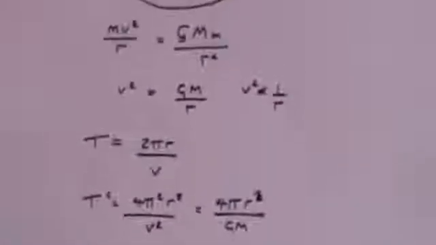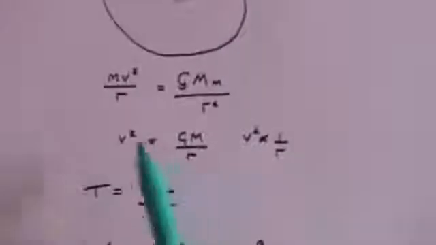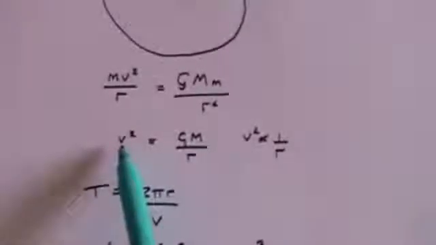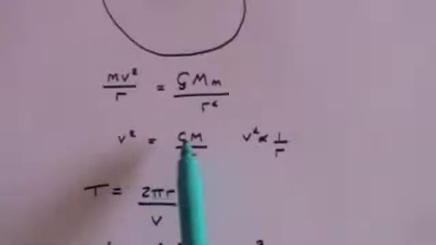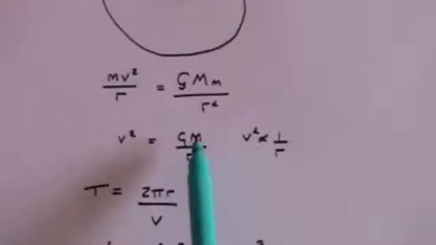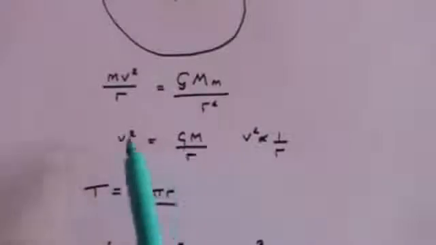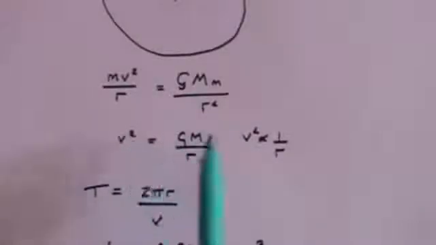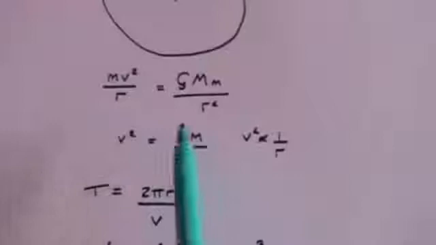Now, what does that mean if we go back to our formula here? Well, we have derived that v squared, the velocity squared, is equal to the gravitational constant times the mass, when we were looking at the solar system, we were looking at the mass of the Sun, divided by r. And if v squared is a constant, that means that this is a constant.